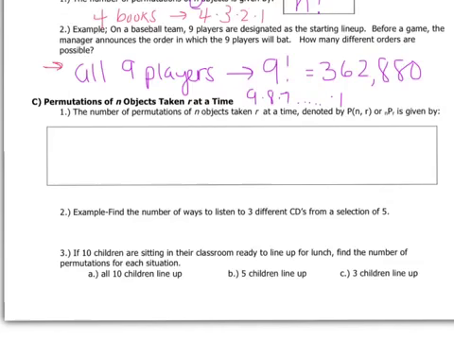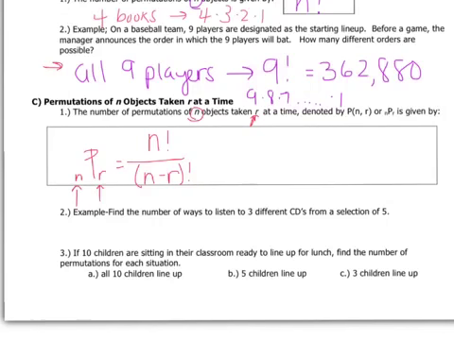So the number of permutations of n objects, that's the total number of objects you have, taken r at a time, so that's how many we're using, is denoted by nPr. There is a formula for this. nPr is n factorial over n minus r factorial.